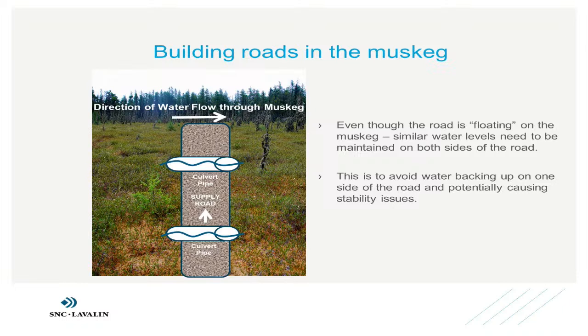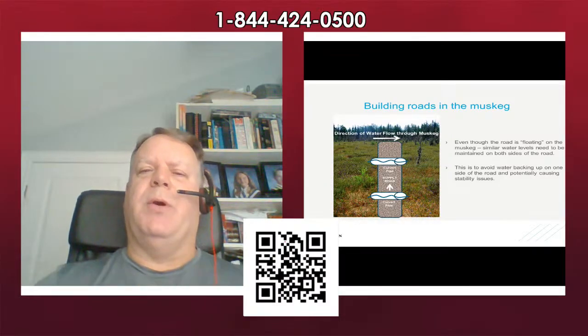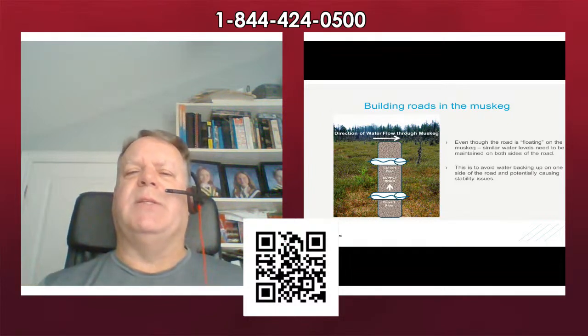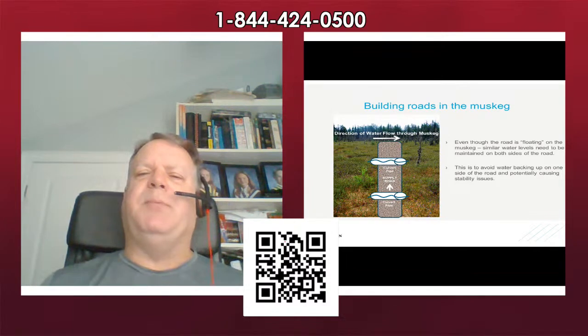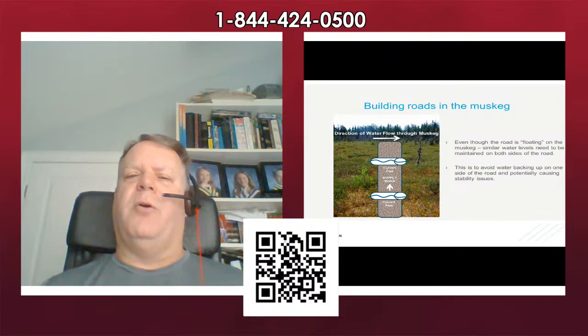What this geogrid does, this sort of plastic-like roll of plastic matrix, is it spreads out the load over a wider area, and it allows the road to behave in a more uniform, more standard way. So you don't get massive failures in the road in certain locations. It evens things out and keeps the road more stable for a longer period of time.